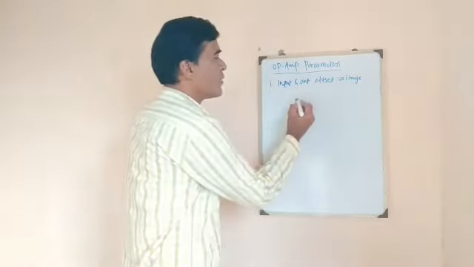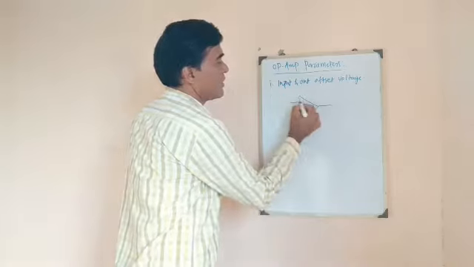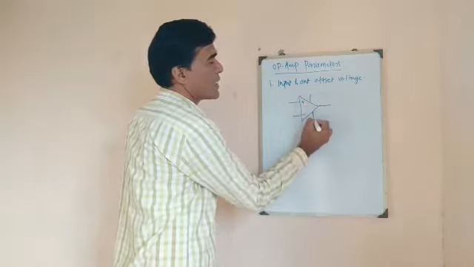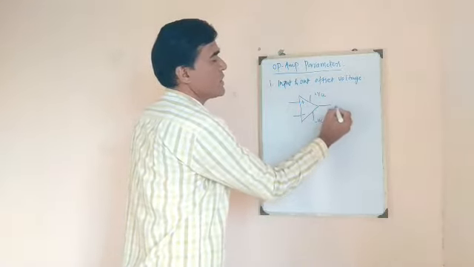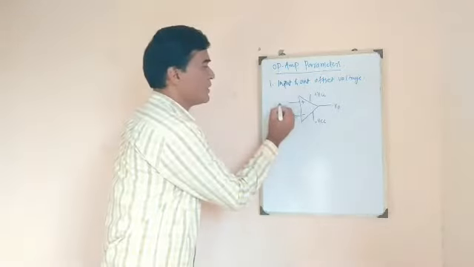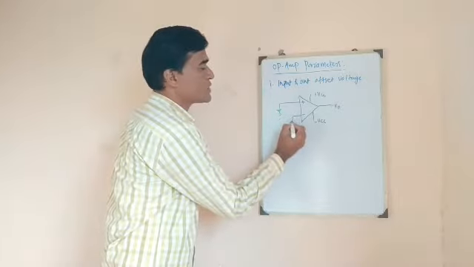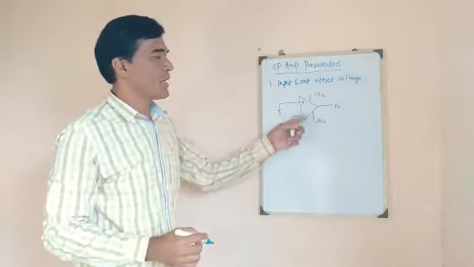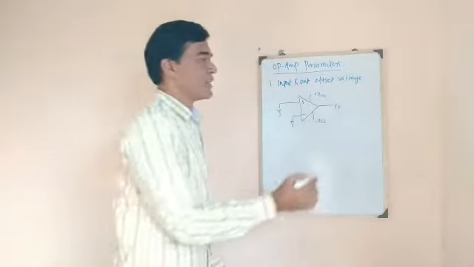Let us consider the op-amp. It has a non-inverting terminal, an inverting terminal, and bias voltages, let us say plus VCC and minus VCC, and output voltage V0. If the inputs to the inverting as well as non-inverting terminals are 0, that is, both terminals are grounded, what output voltage is expected?